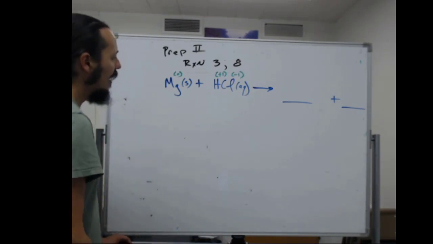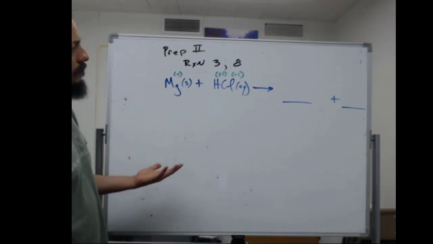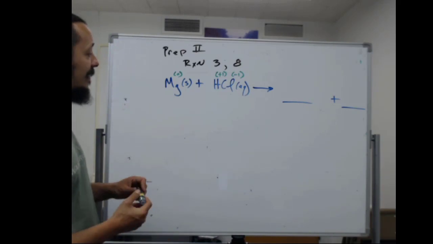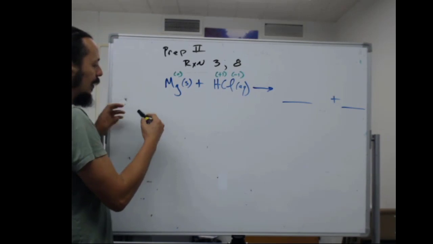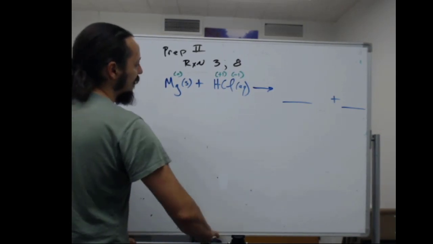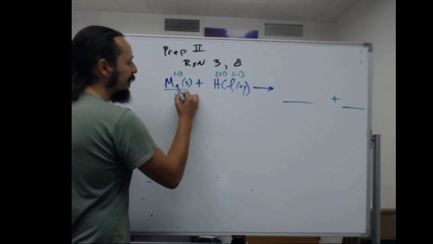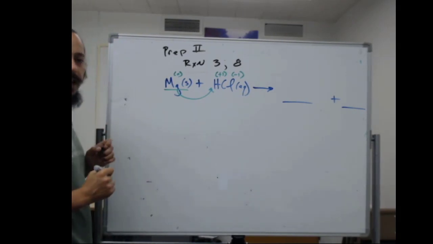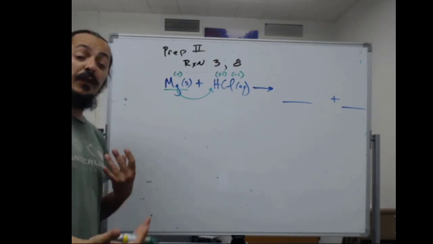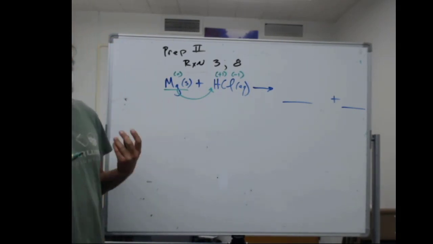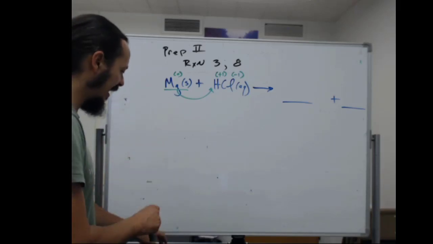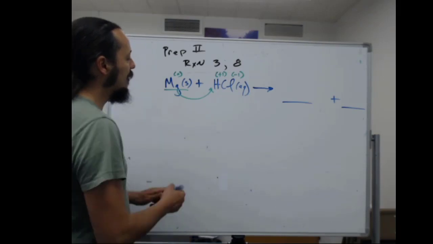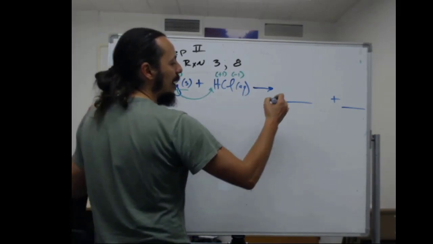Now, I'm going to do single displacement in this case, right? I can't do double displacement. I've got 2 things here, but I've only got 1 thing here. So if I'm going to do a displacement, it's going to be a single displacement of magnesium replacing hydrogen, recognizing from our periodic trends that magnesium can become positive, it can be the thing that ends up being a cation.